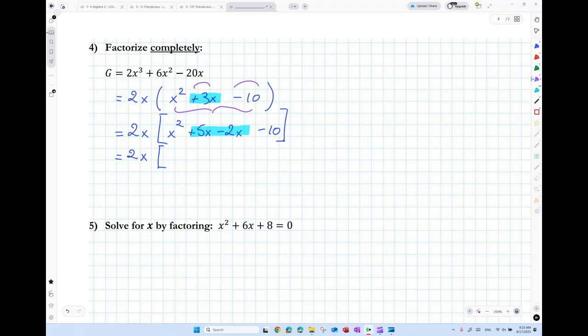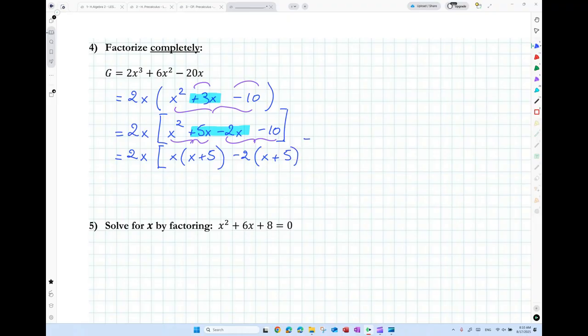So the first two terms, I can factor out the x and have x plus 5. And the next two terms, I'm going to factor out negative 2 and have negative 2 times x plus 5.